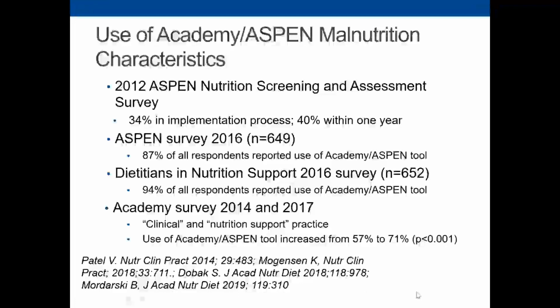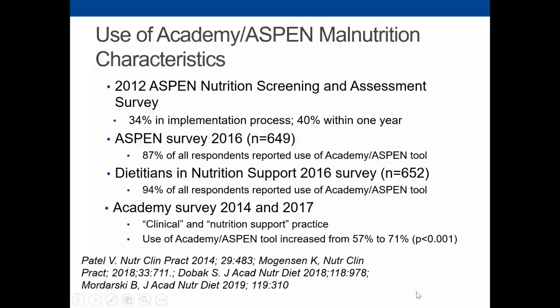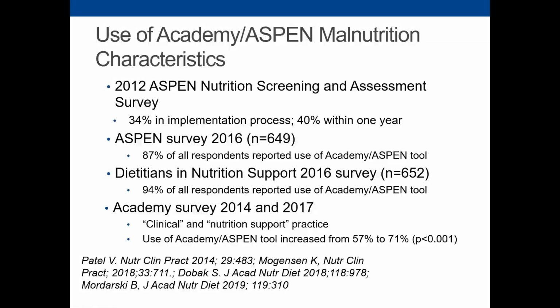And then just lastly, I'd like to highlight that I mentioned some of the survey work that's been done since the publication of this consensus approach. And you can see that beginning in 2012, about a third of those surveyed, and this was all Aspen and Academy members, if I'm correct. Yes, Aspen and Academy members.